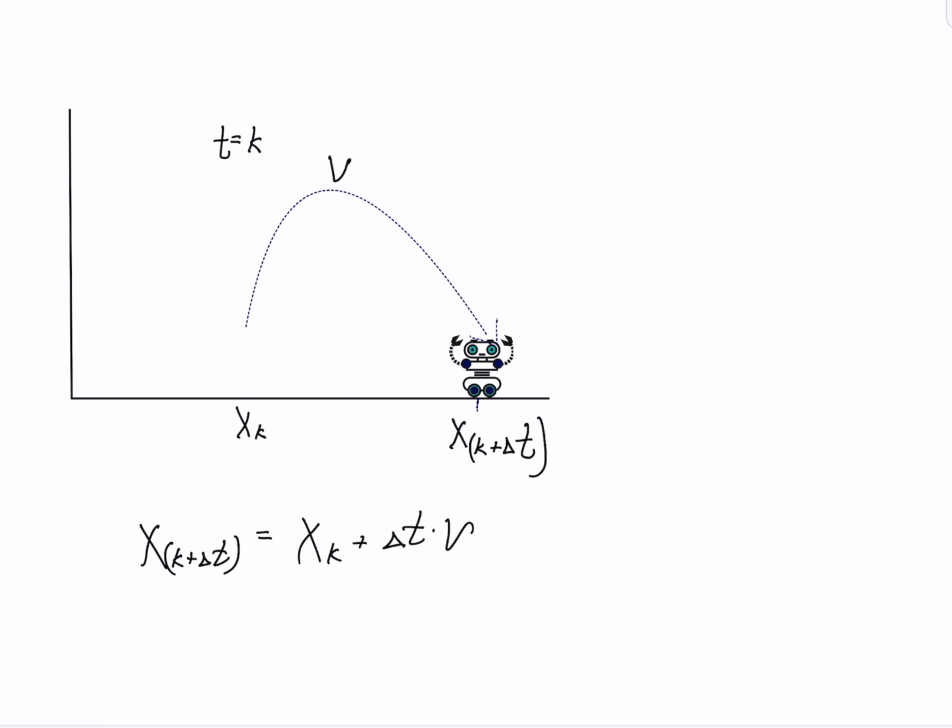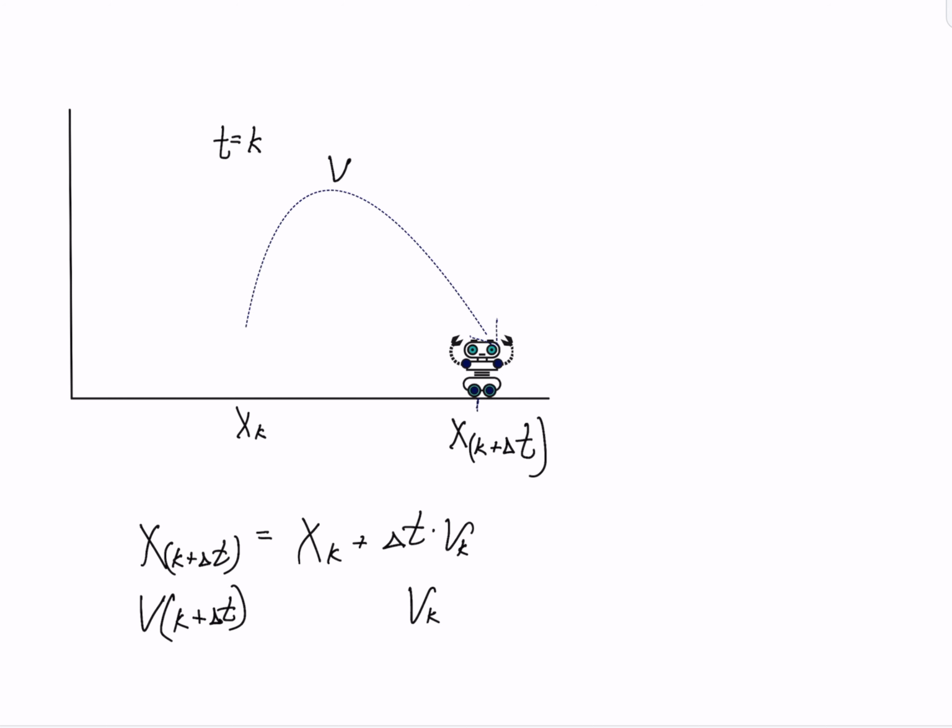On the other hand, if I want to express the velocity at time k plus delta t, I can write the following equation. v at k plus delta t equals what? v at time k, because we assume a constant velocity model. This is basically what I told you. I can get insight regarding the position from knowing something about the velocity. Why? Because there is a connection, a correlation between the position and the velocity. And this is extremely important when it comes to the Kalman filter.